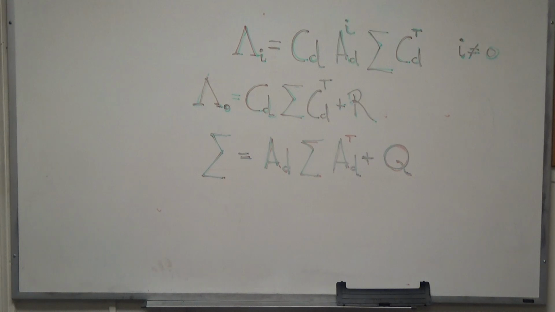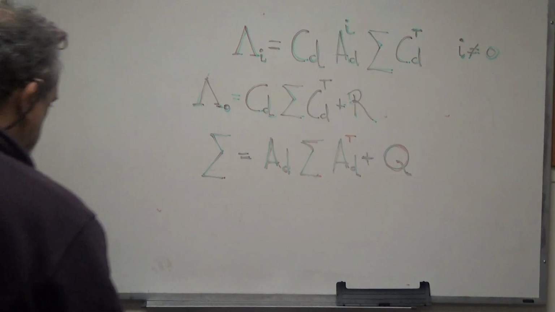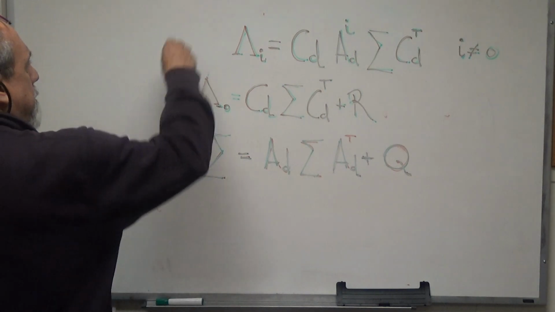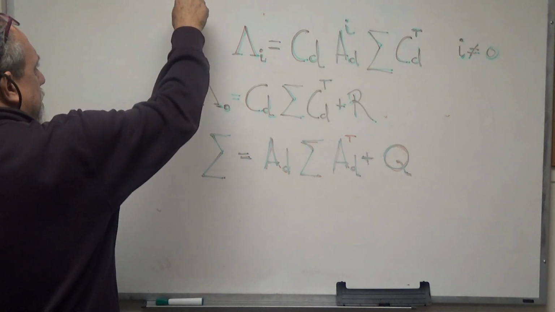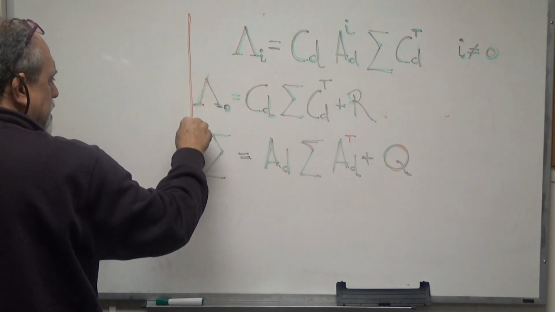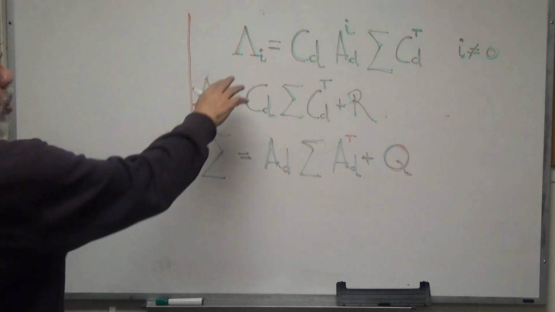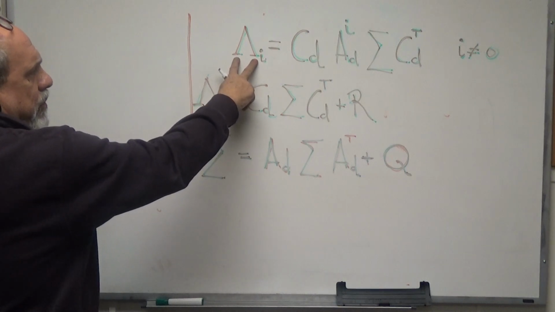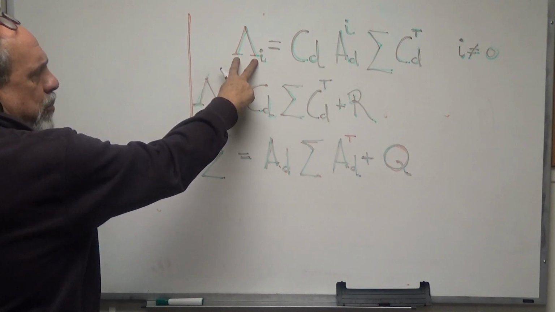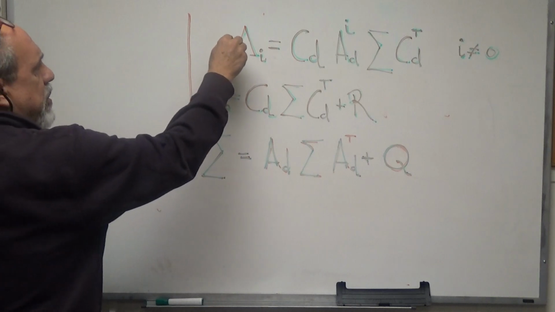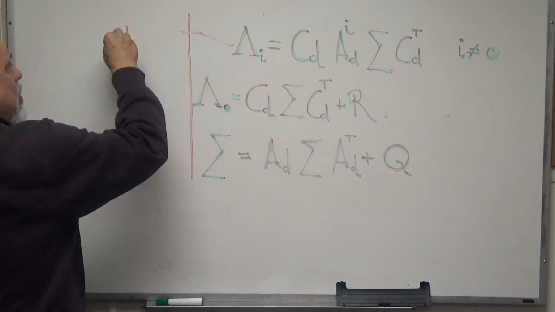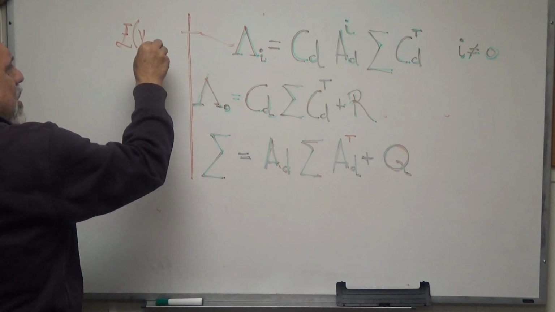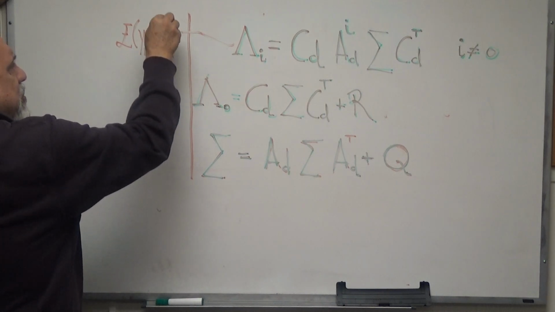So here comes the punchline. If you look at the correlation function of the output, remember, this is the expected value of y at k plus I with y at k transpose.